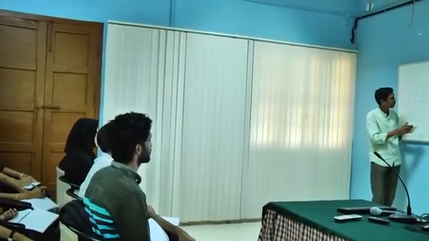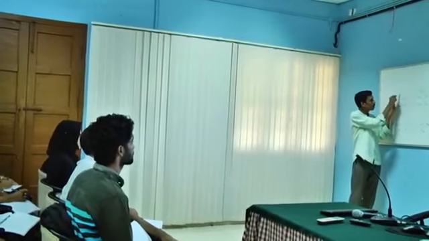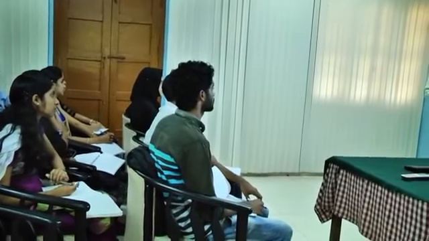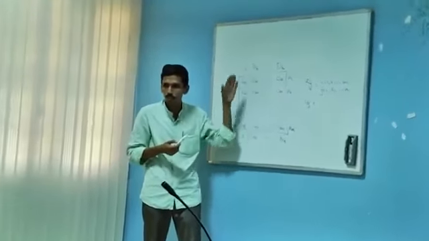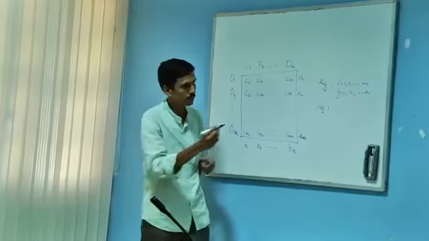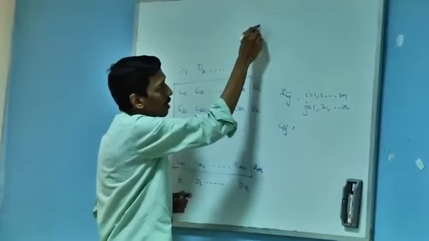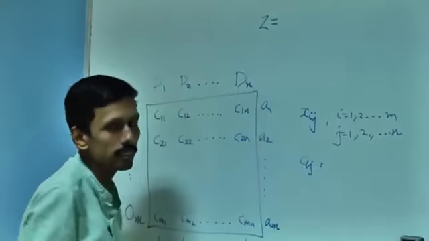The cost of transporting one unit from O1 to D1 is C11. Therefore, the cost of transporting X11 units from O1 to D1 will be C11 into X11. Similarly, how will you make it mathematically?